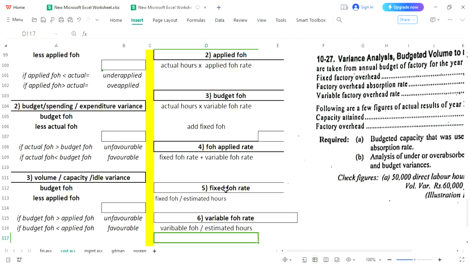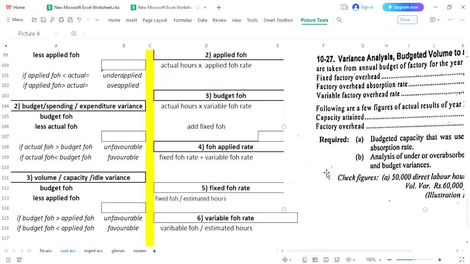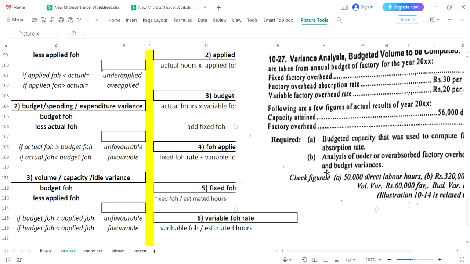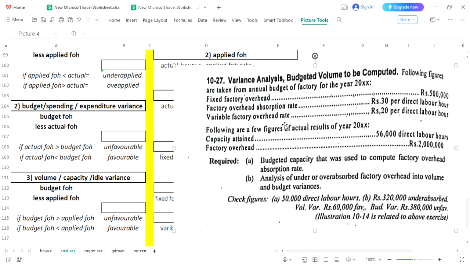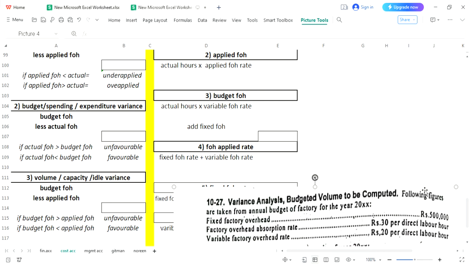Now you can see that everything is written, supporting statements and variances have been written, come to the point. So here fixed FH is given as 5 lakh, factory overhead absorption rate is automatically given. This is the thing which would help us focus here. Factory overhead absorption rate is equal to 30.